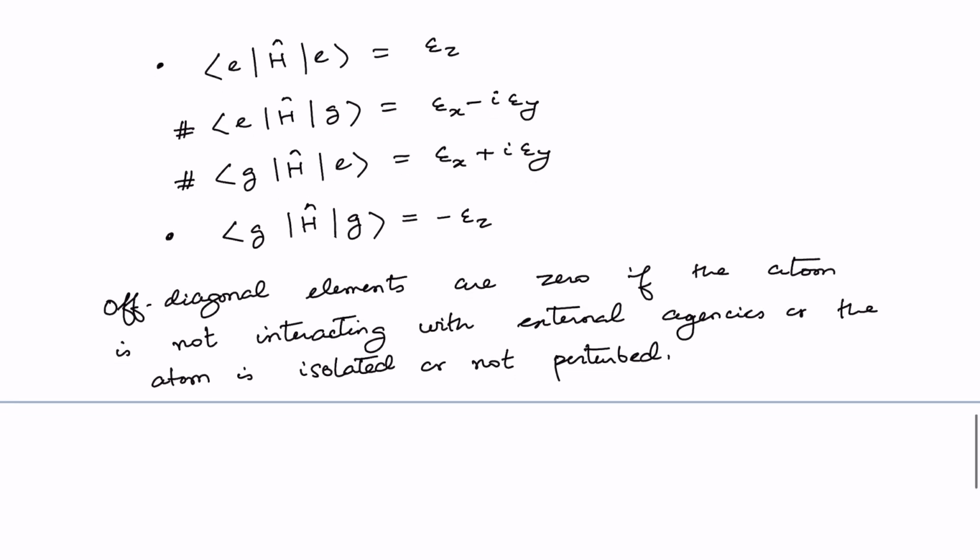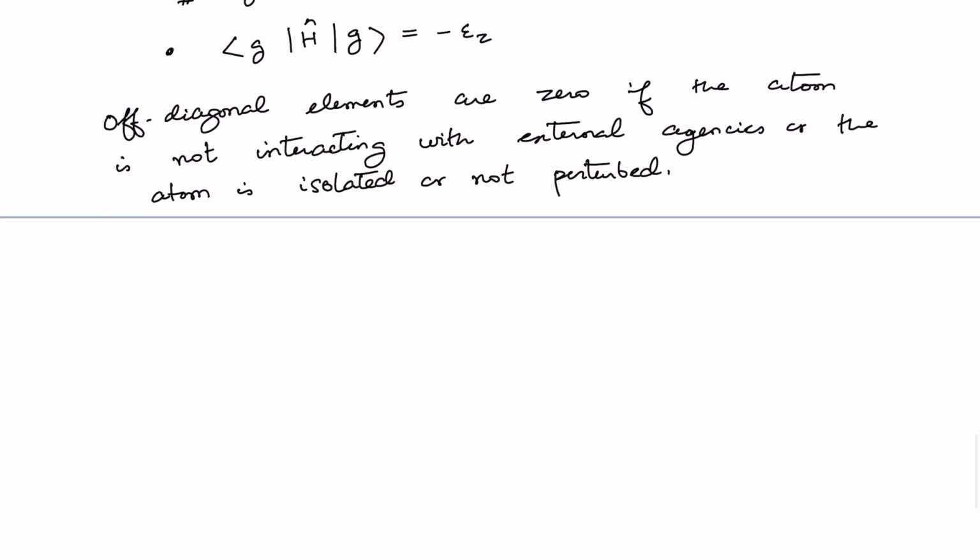So in that case, if our two-level atom is unperturbed, not interacting with anything, then the Hamiltonian would be simply epsilon Z 0 0 minus epsilon Z, and the diagonal elements basically represent the unperturbed energy levels of the atom.